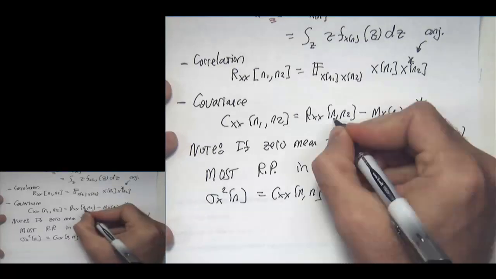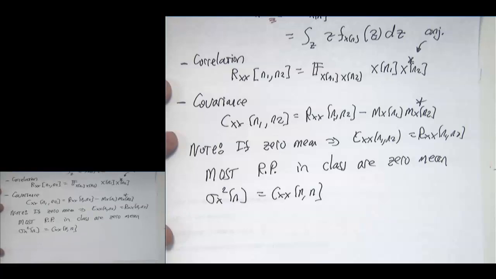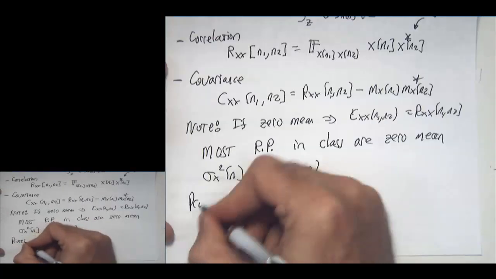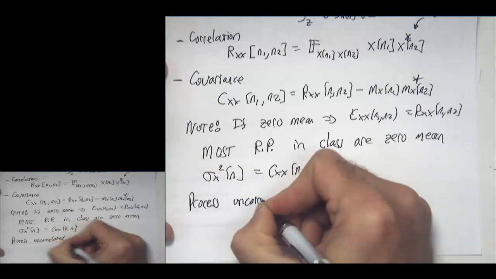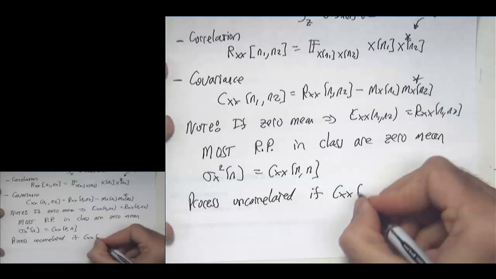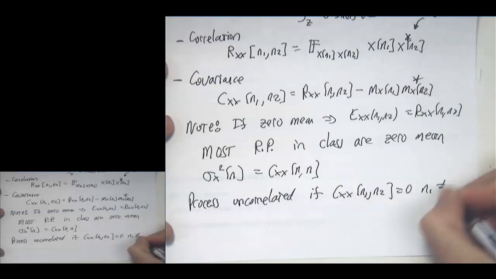We then say that a process is uncorrelated if C_XX[n1, n2] is equal to 0 for n1 not equal to n2. It's uncorrelated.